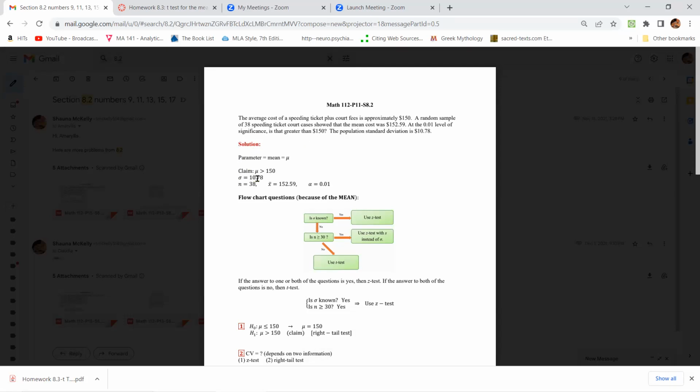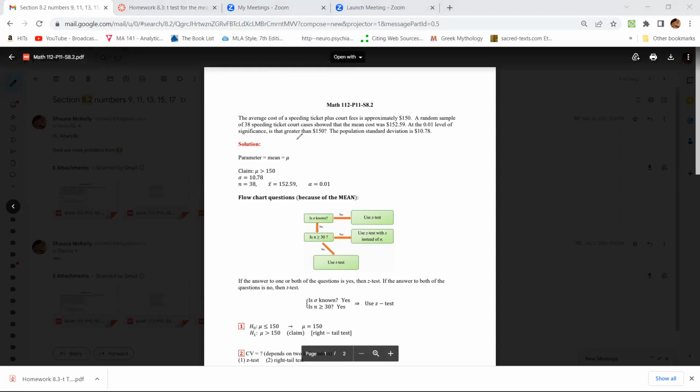I usually write in here, it's helpful to know, yes, the mean is greater. It's also helpful to know which hypothesis this is. So I usually write H1 if it's the alternative, which this is. I'm going to write H1: mu is greater than 150. Okay. Write your givens like we normally do.